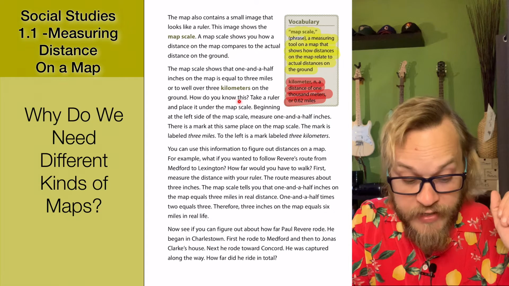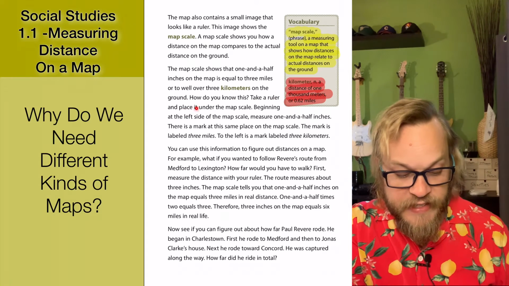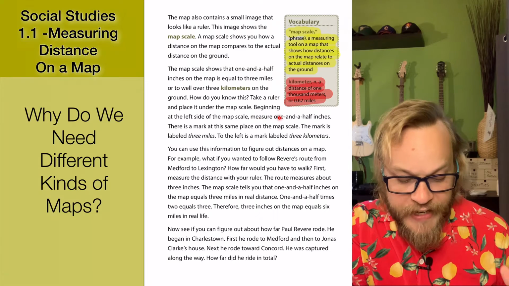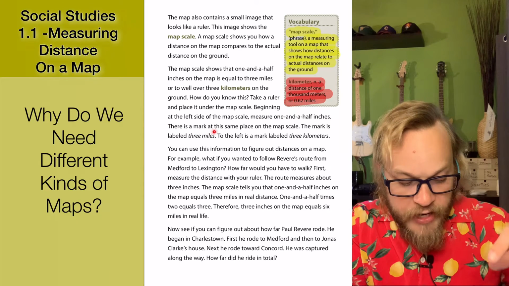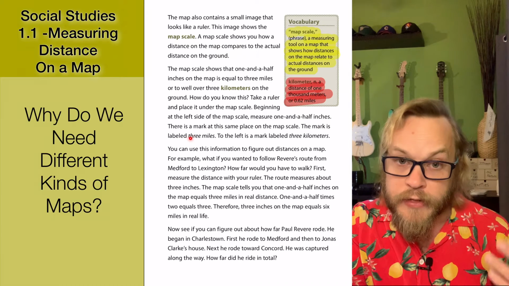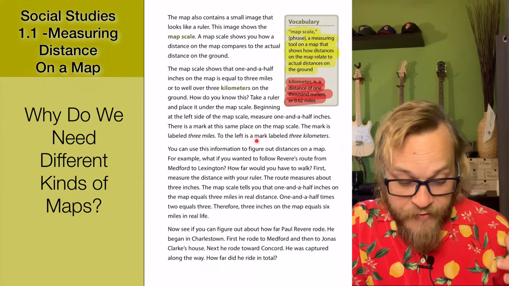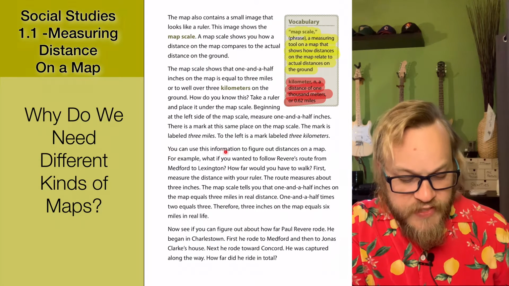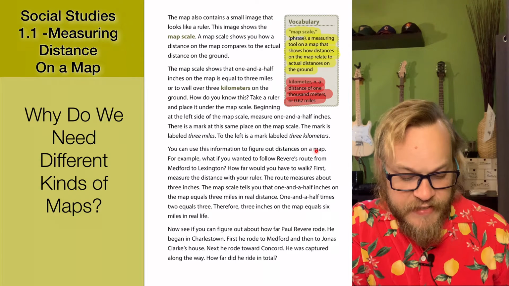How do we know this? Well, if you take a ruler and place it under the map scale, beginning at the left side of the map scale, measure 1.5 inches, and there's a mark at the same place on the map scale. The mark is labeled 3 miles. To the left is a mark labeled 3 kilometers. You can use this information to figure out distances on a map.